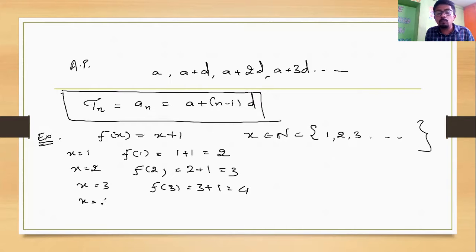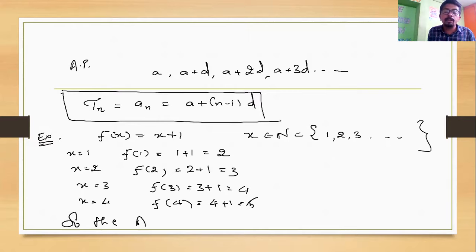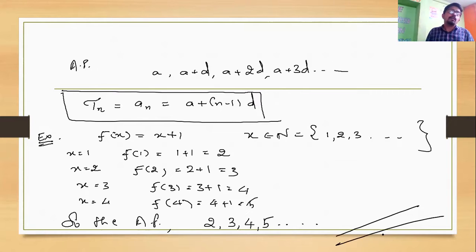For x equal to 4, f of 4 is 4 plus 1, which is 5. So my AP, the arithmetic progression, will be 2, 3, 4, 5, and so on. This is how we can form an AP.